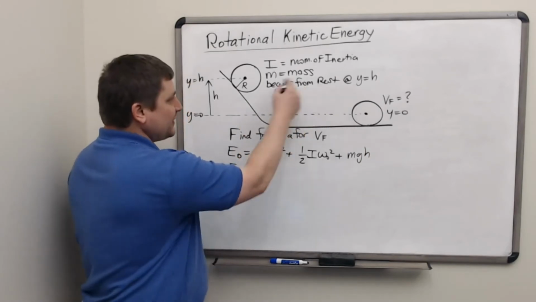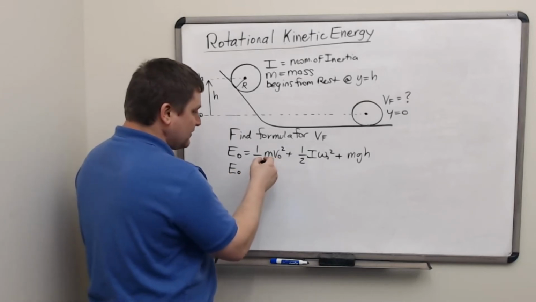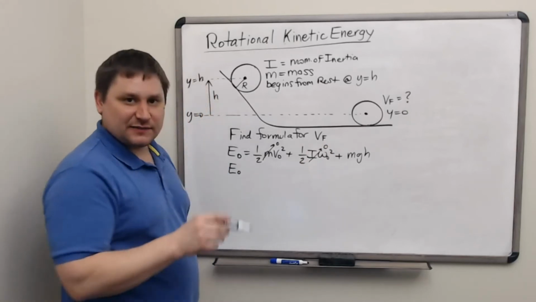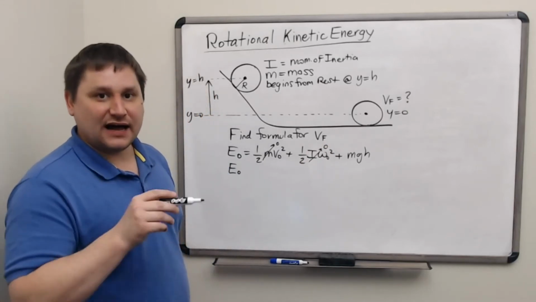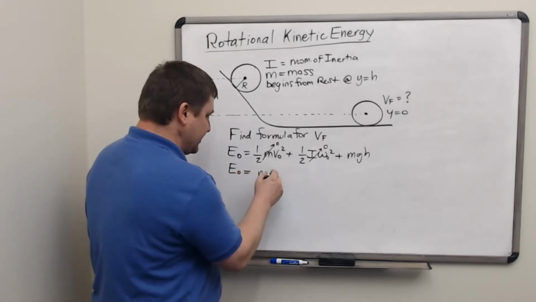Since the initial situation has the object begin from rest, we know that this term is 0, and this term is also 0. At rest means it's not moving, and it's not rotating either. So our total initial energy is simply mgh.